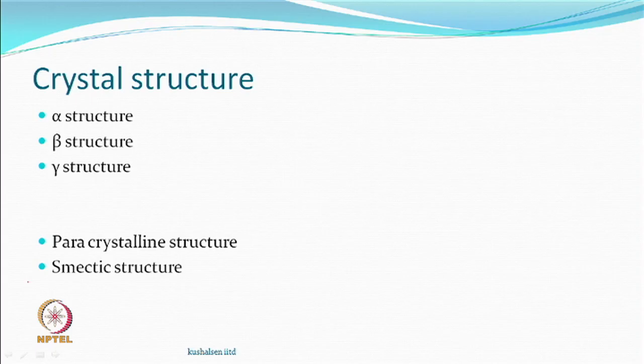So, their stability differs, one will be more stable than the other, and as a nomenclature, whatever is the most stable is called the alpha structure. So, whenever somebody says that we have alpha, that means more stable within the same polymer.